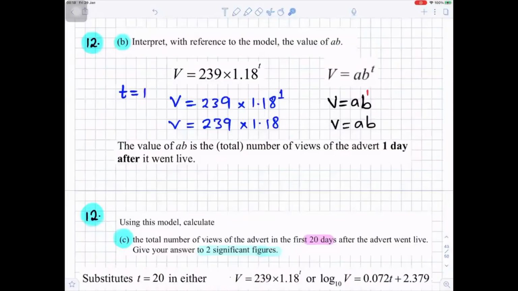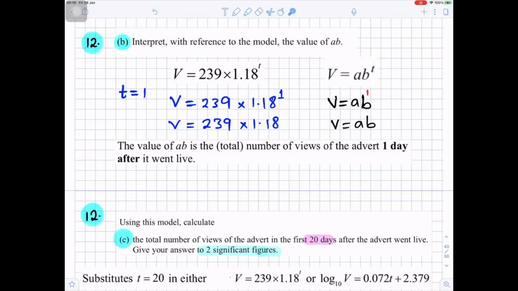Number 12b, interpret with reference to the model the value of AB. So that's A and that's B. What does AB mean? If t equals 1, we put 1 there, it will be 239 times 1.18.